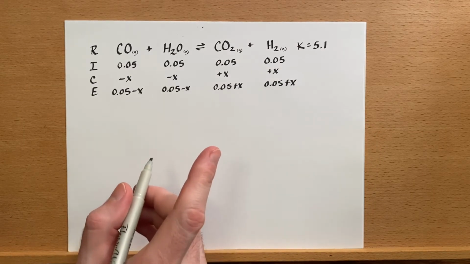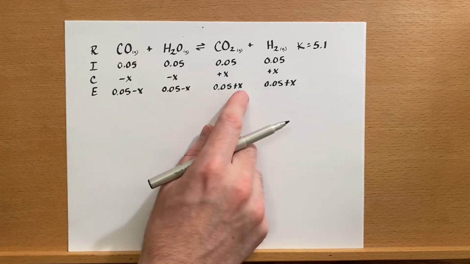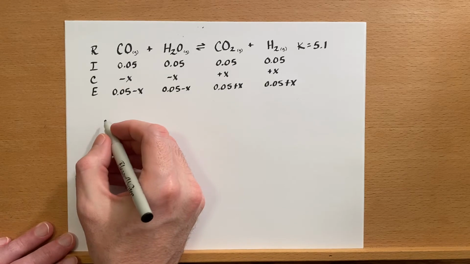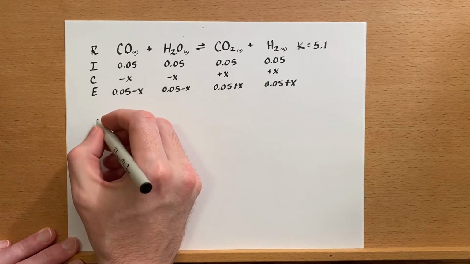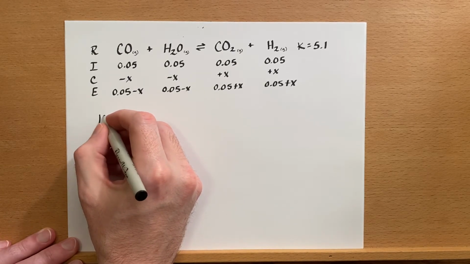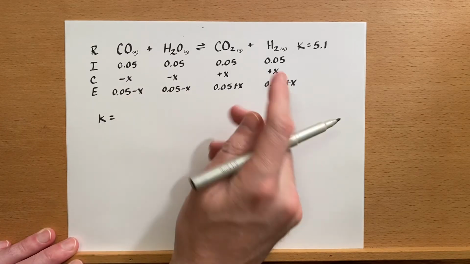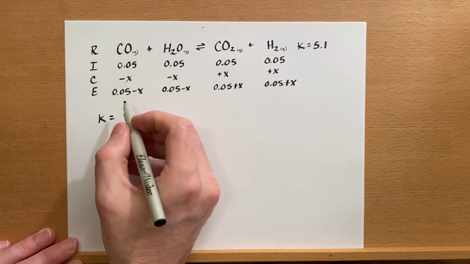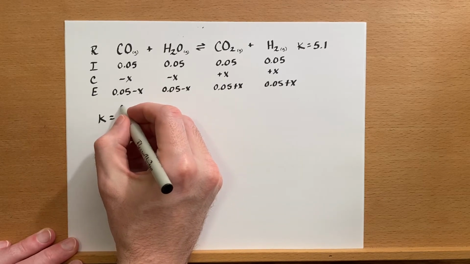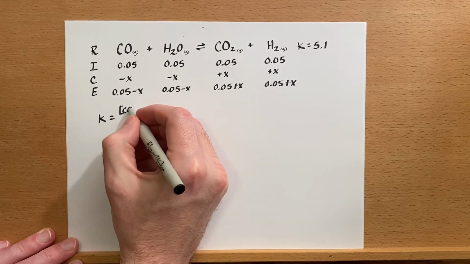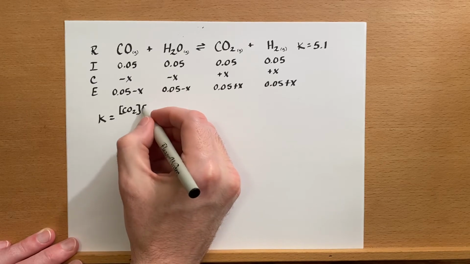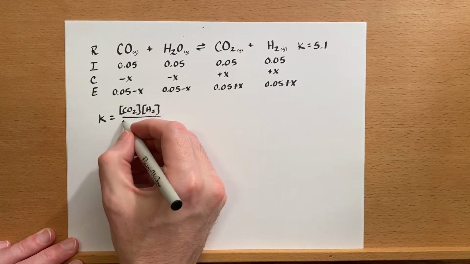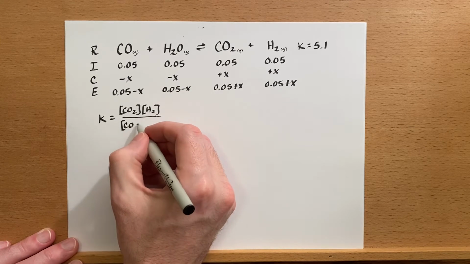Next, we will need to substitute all of these equilibrium values into the equilibrium expression. Let's write the equilibrium expression right down here. And that should be K, products over reactants. So we have products, which is carbon dioxide and hydrogen, over reactants.